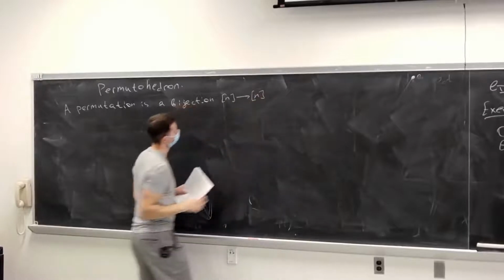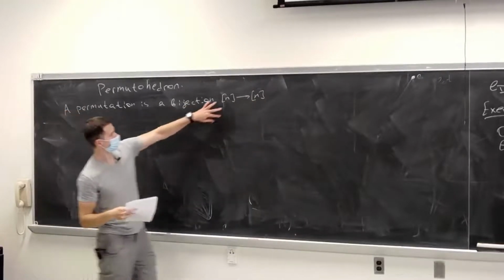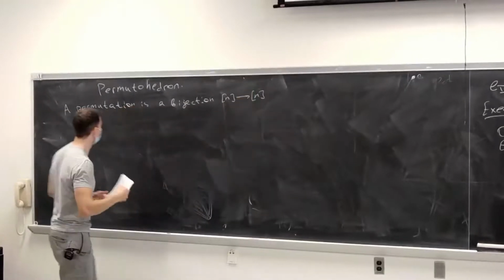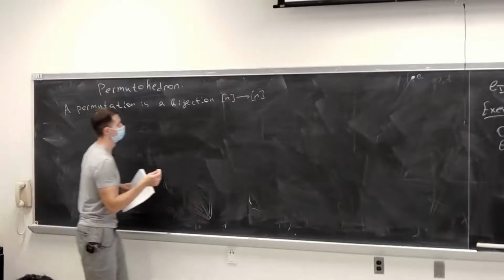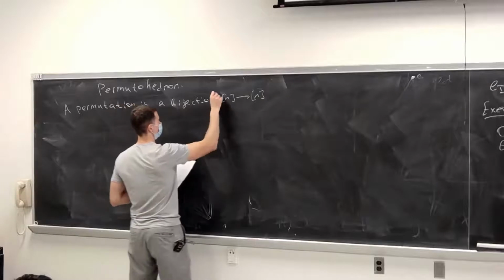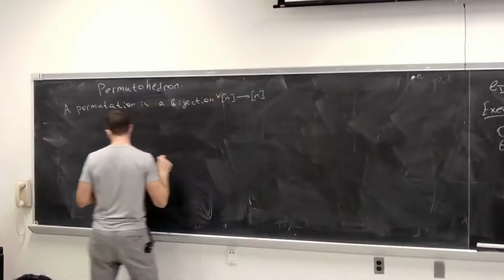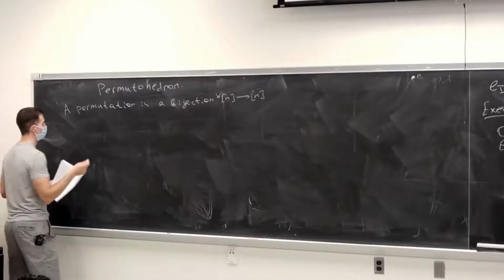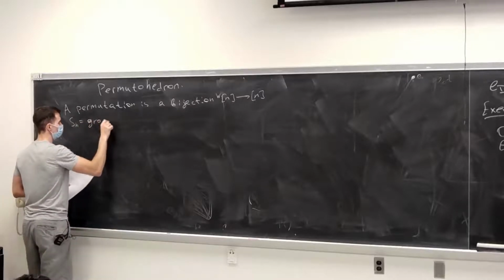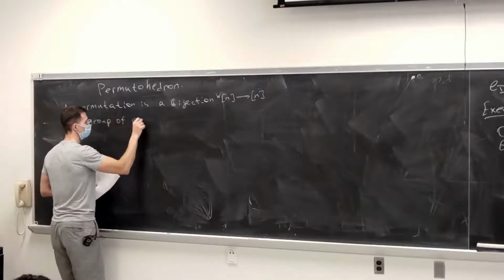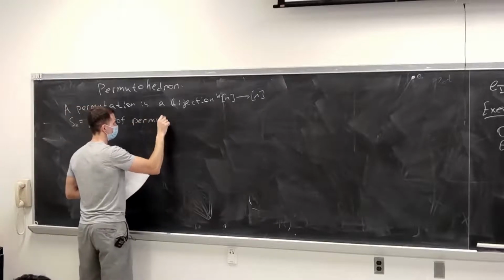Just take n numbers and permute them in some way. Let me denote this bijection by w. And S_n is going to be the group of such bijections under composition.